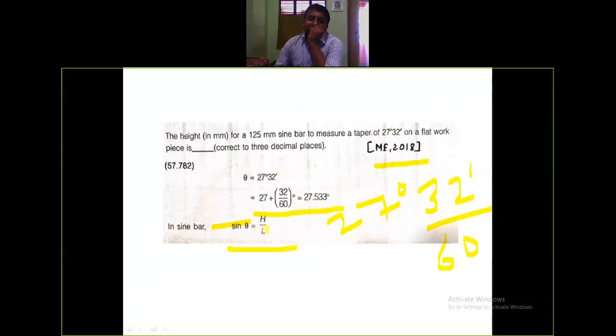Sine theta is given by h by L. L is given as 125 millimeter. Put L equal to 125 millimeter and theta 27.533 degree, and you can easily get the value of H, which comes to 57.782. You must be very correct with the 3 decimal places.